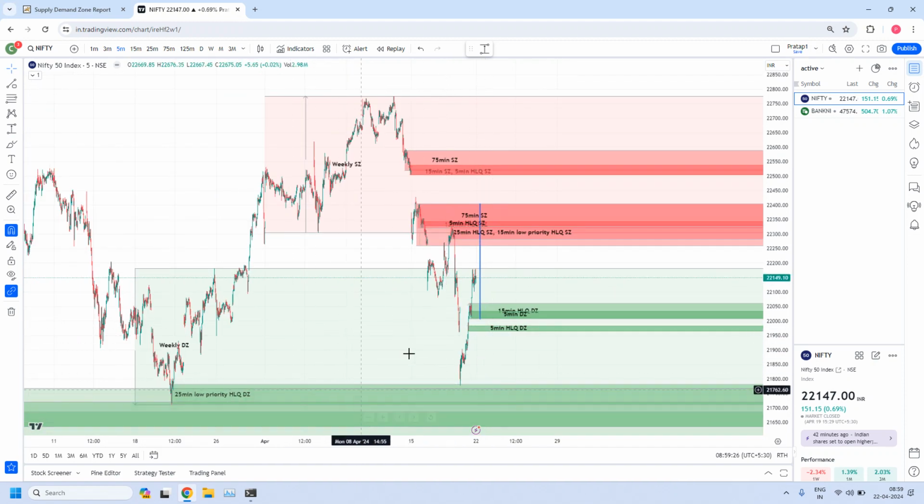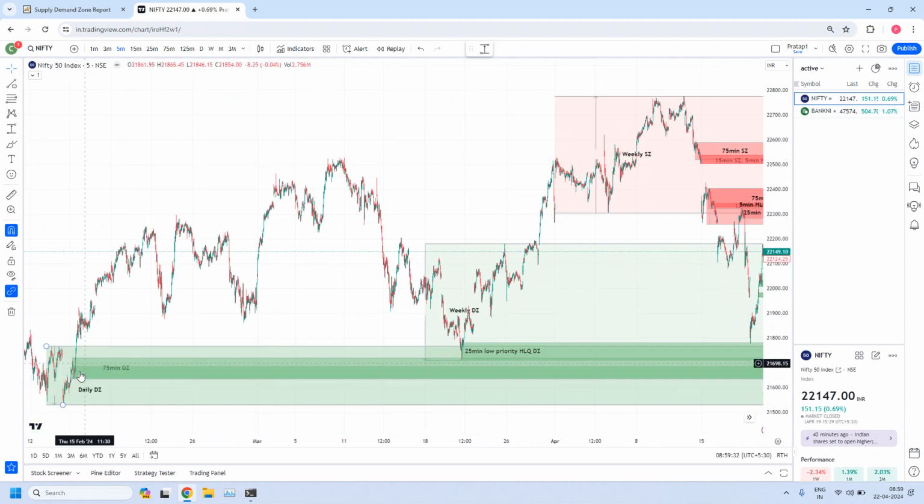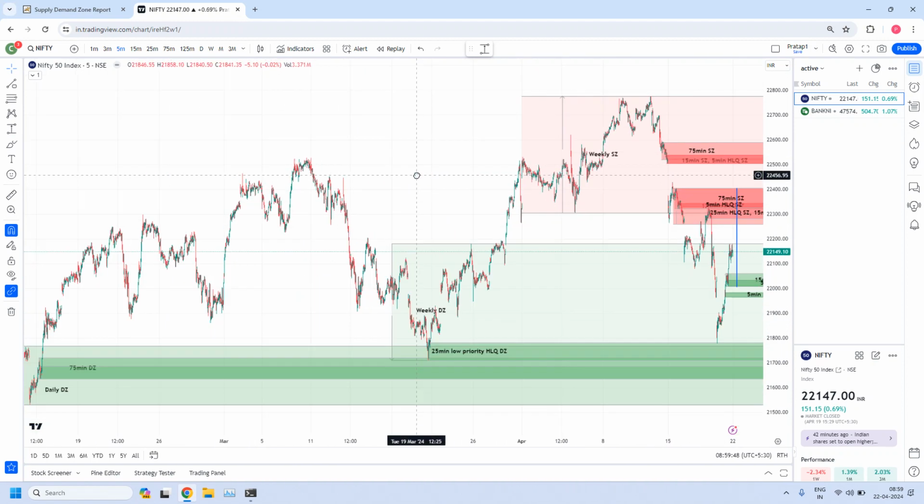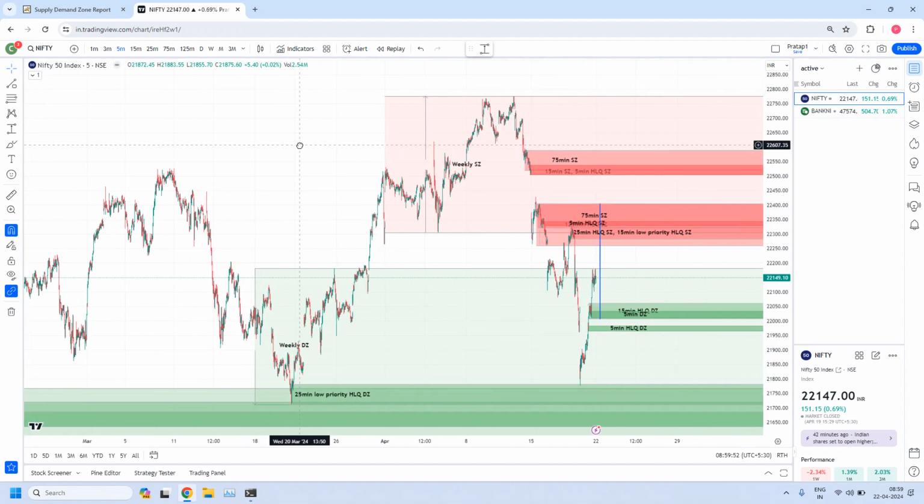The demand is also not strong in this area, because we have a demand zone below the weekly demand zone having confluence. In this demand zone probably some good order flow might be there. That's why all these days this weekly demand zone held the prices, because this is the one actually pushing the prices up.